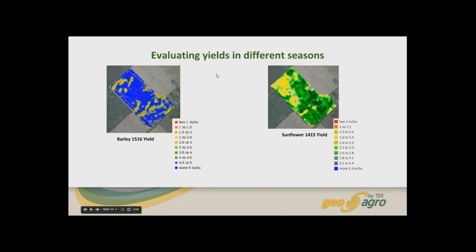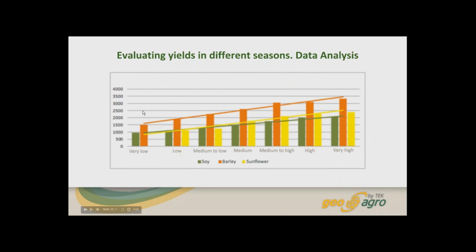Okay, we can also evaluate yields in different seasons for different types of crops, and this as in this example. Maybe again, we can see that the yields can perform differently from different types of crops. We have soybean, barley, sunflower.